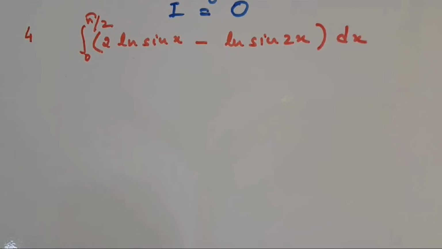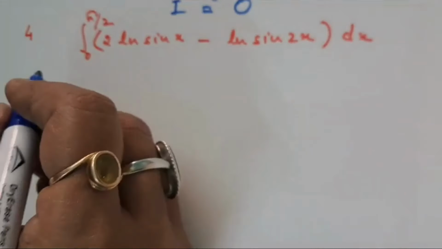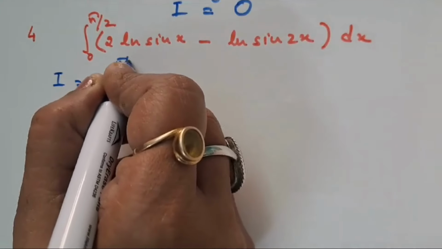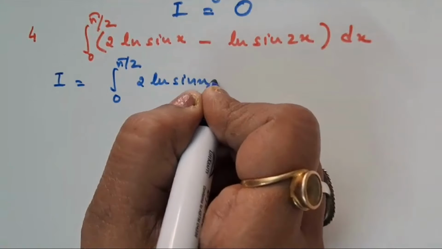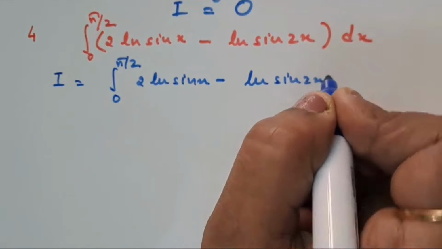Next sum, integration 0 to pi by 2 of ln of sin x minus ln of sin 2x. Here also we will use the previous property only. So for that I am writing I is equal to integration 0 to pi by 2 of ln of sin x minus ln of sin 2x whole dx.